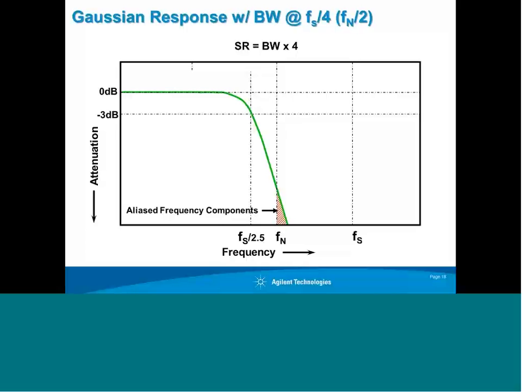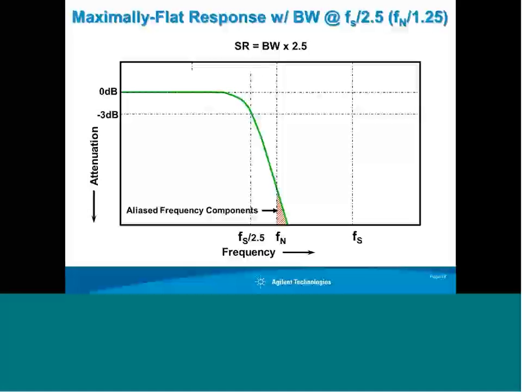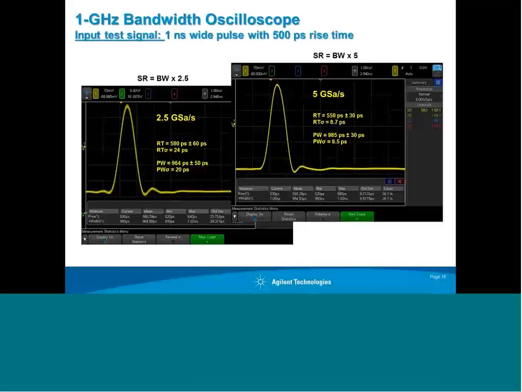Now a scope with a maximally flat frequency response, which begins to approach the ideal brick wall response, you can limit it to the sampling frequency divided by 2.5.